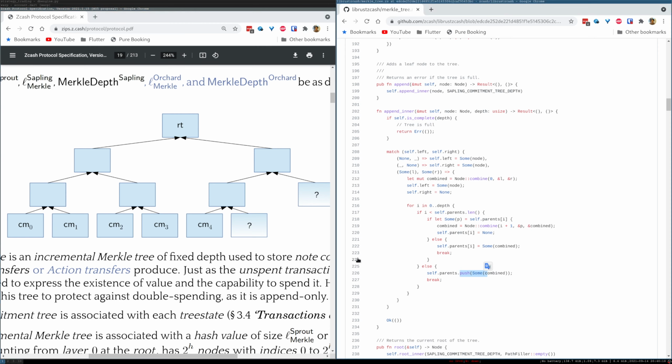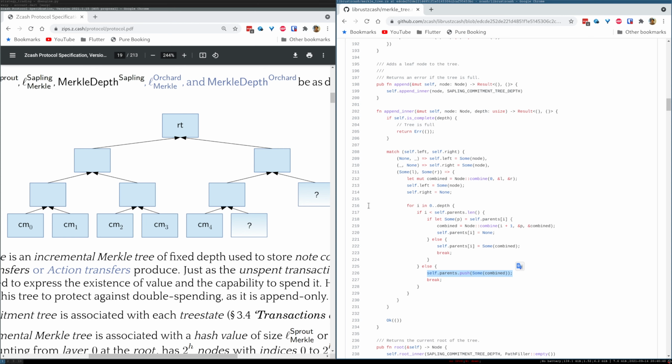So when we had CM2, we combine CM0 and CM1. For this variable combine, depth would be 0, and we're getting out of the parent length, so we have to push the value here.